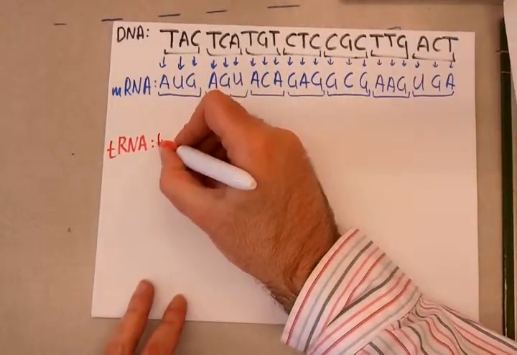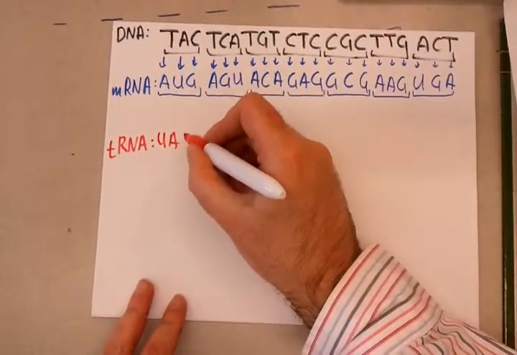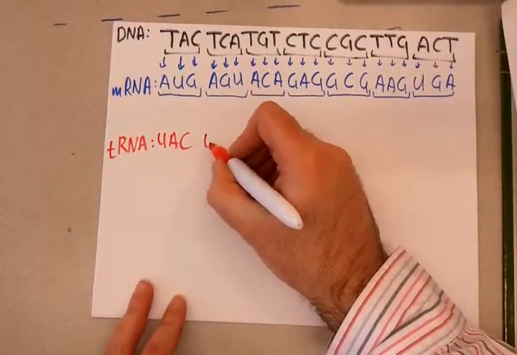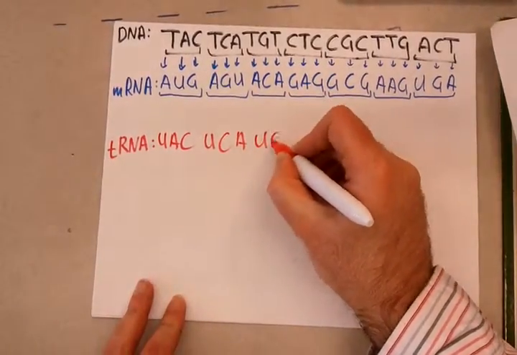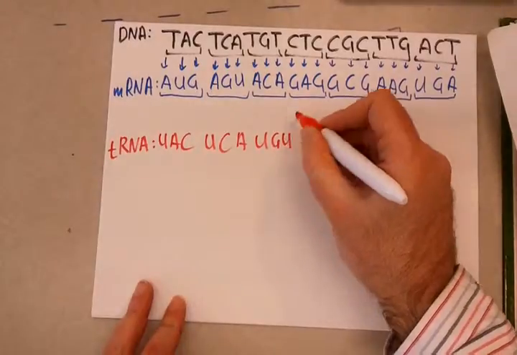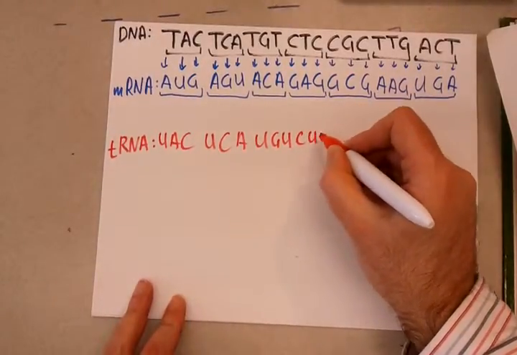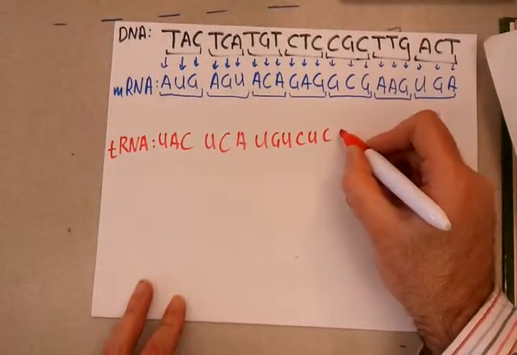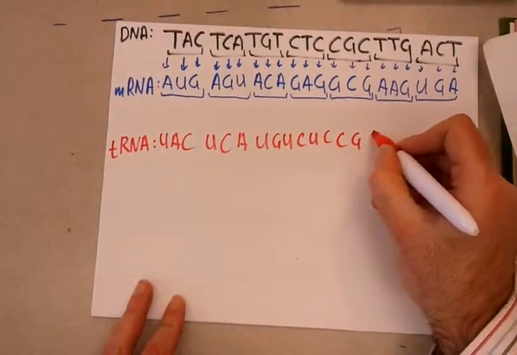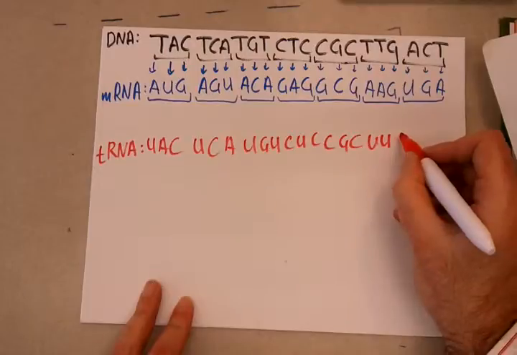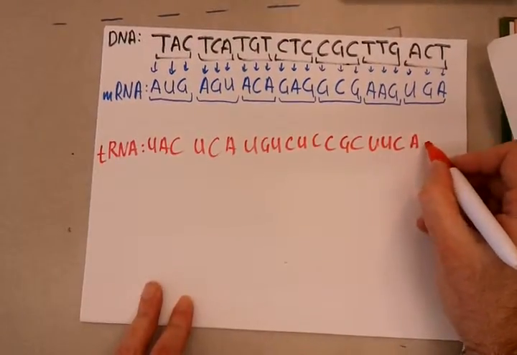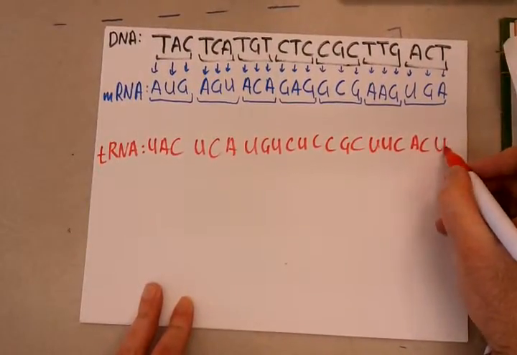A will pair with U, U with A, G with C, A with U, G with C, U with A, then U, G, U, C, U, C, C, G, C, U, U, C, A, C, U.